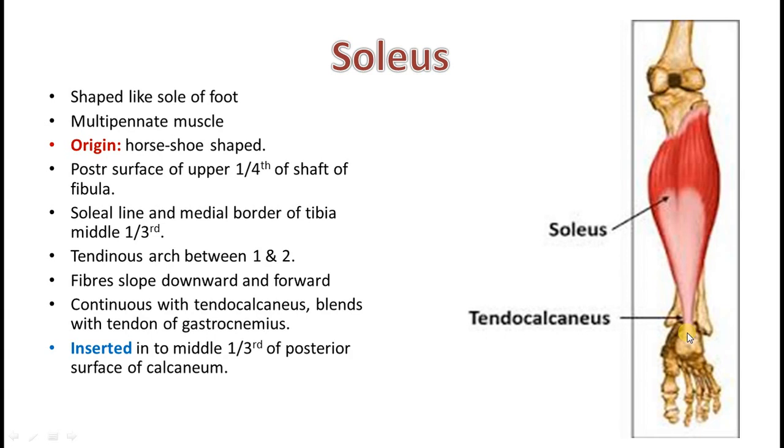That is the insertion of the soleus muscle. In the upper part, it receives a branch from the tibial nerve on the deeper aspect, and in the lower part it is again supplied by the tibial nerve. So the tibial nerve supplies the soleus muscle twice.